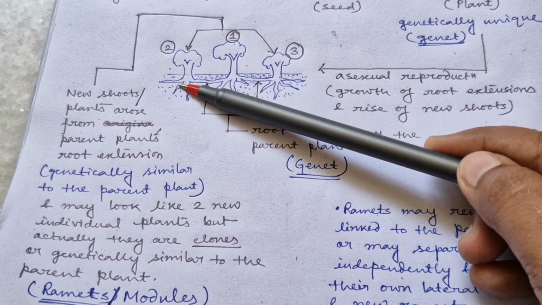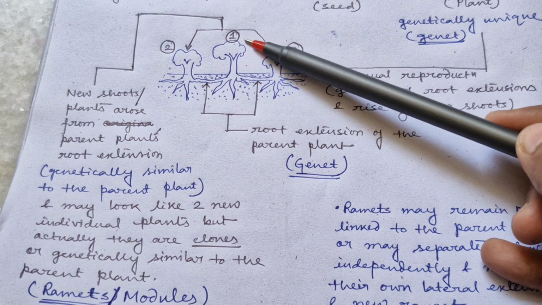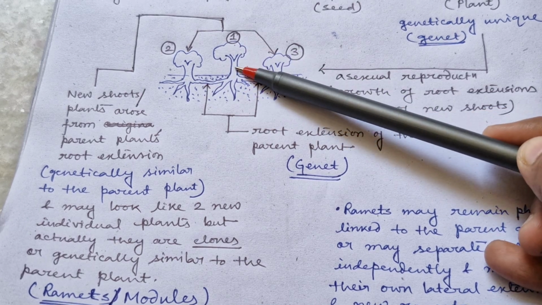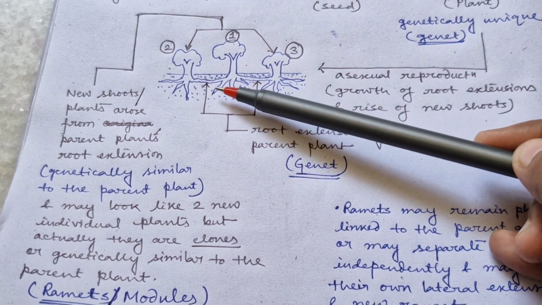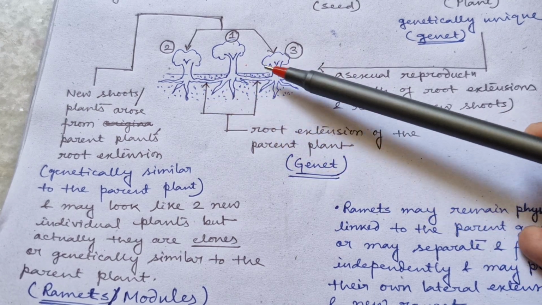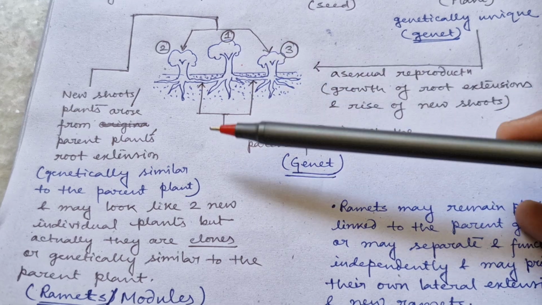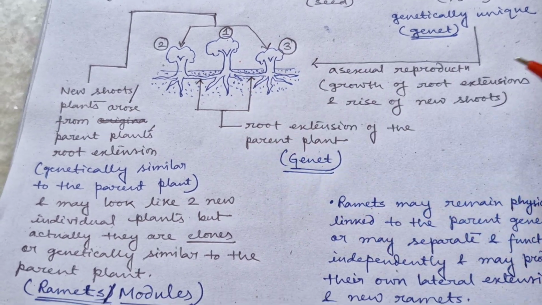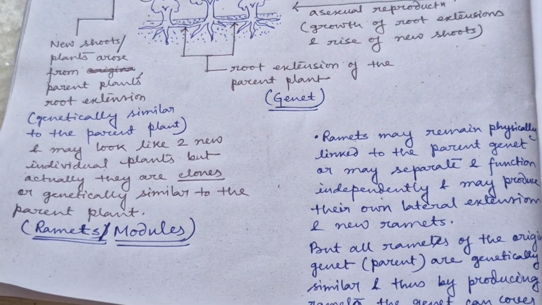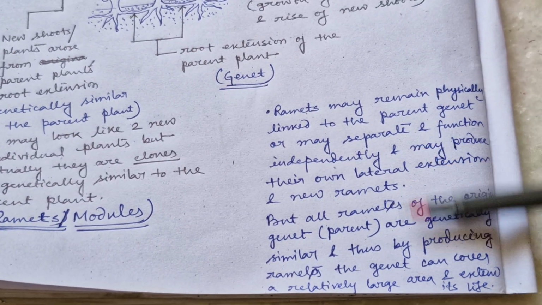But whatever ramets are formed from these two ramets, they are also genetically similar to the genet. That is how the genet, after its death, is extending its life, or keeping its genes alive on the planet. So this is all about unitary and modular population. Here I have written the significance, you can see that.